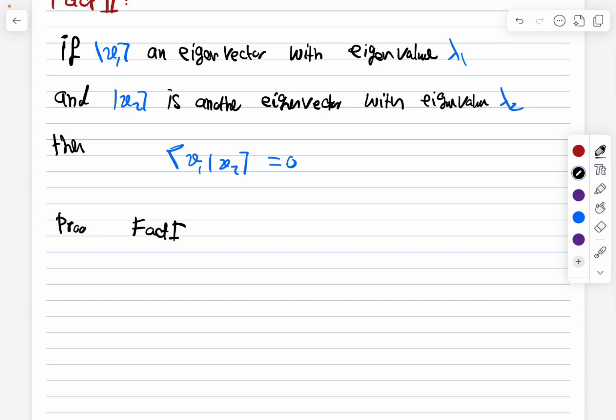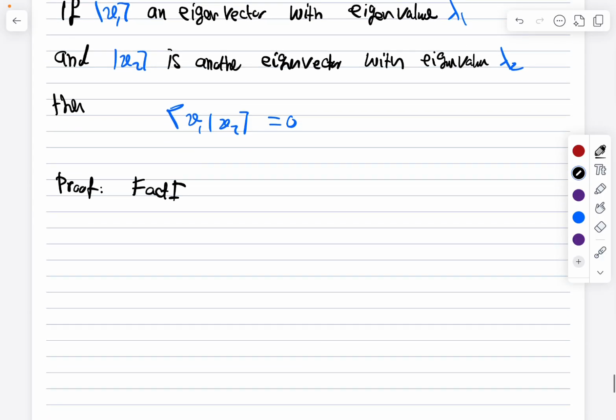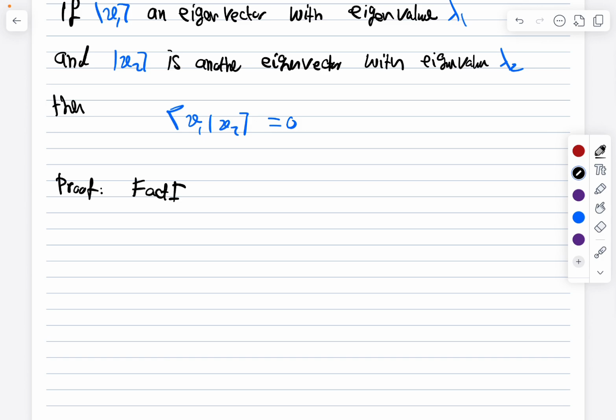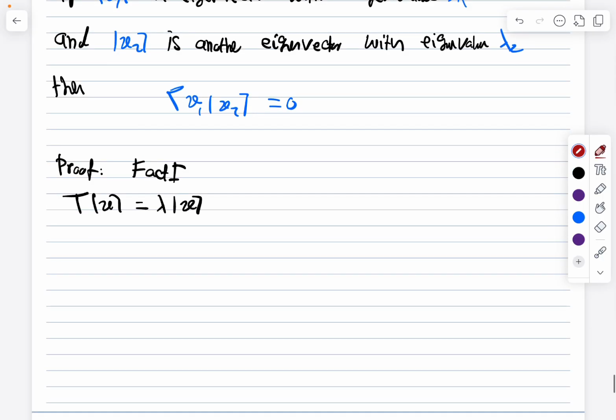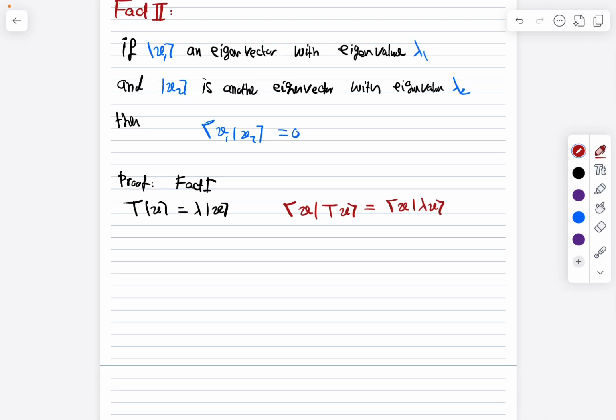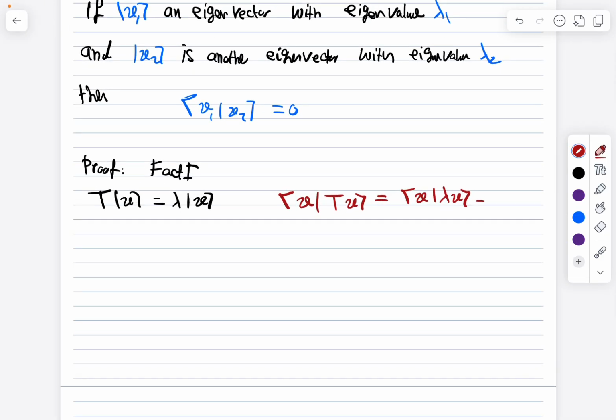Proof. Basically it's simple. Let's assume that we have T, and when we apply it to v, we get lambda v. We need to use the fact that T is Hermitian. So let's calculate this quantity: the inner product of v with T v. We know that T v is basically lambda v, and from the property of the inner product, we can take lambda outside.